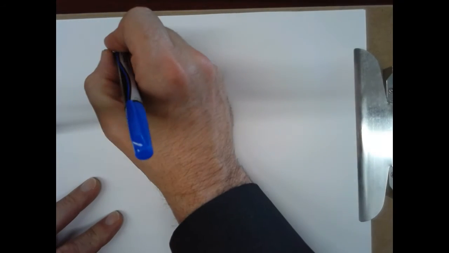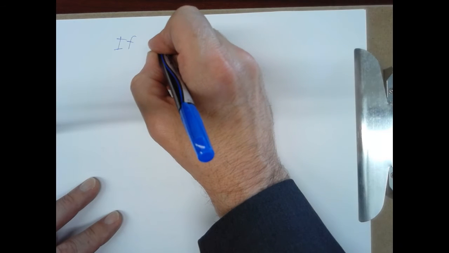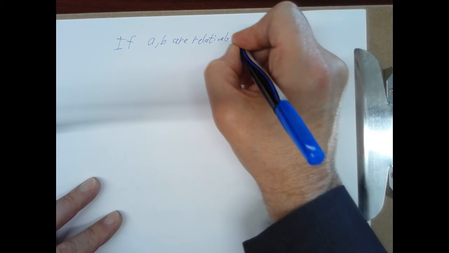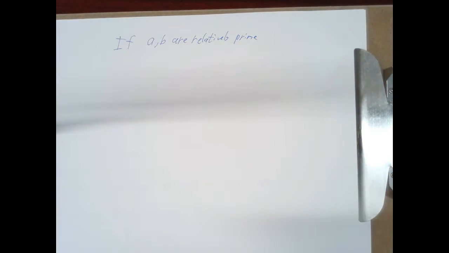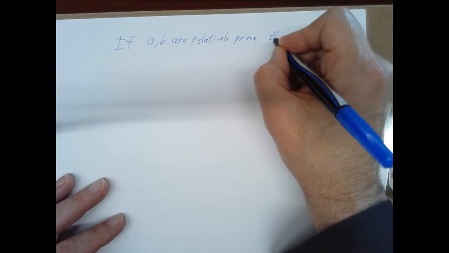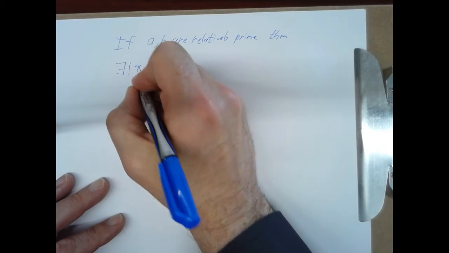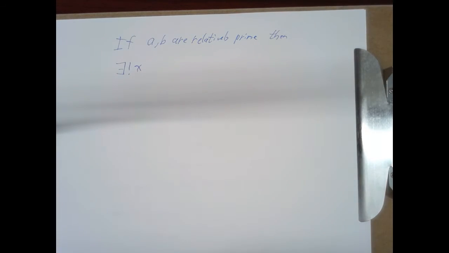All right, so here's another thing we're going to need to do crypto. If A and m are relatively prime, so no common divisor other than 1, then there exists a unique x, and it's unique in the sense that we're working modulo something, so unique within that range of things that we want to deal with.